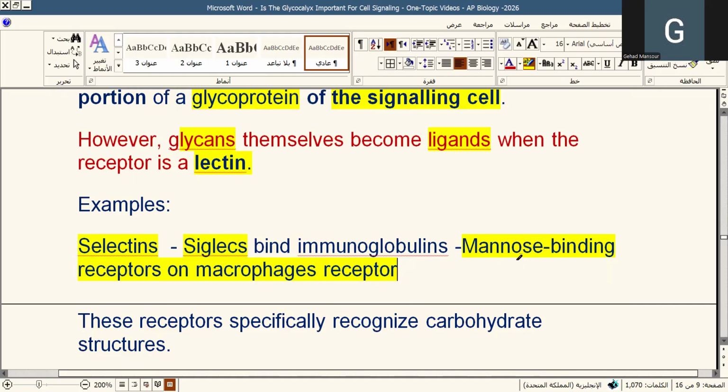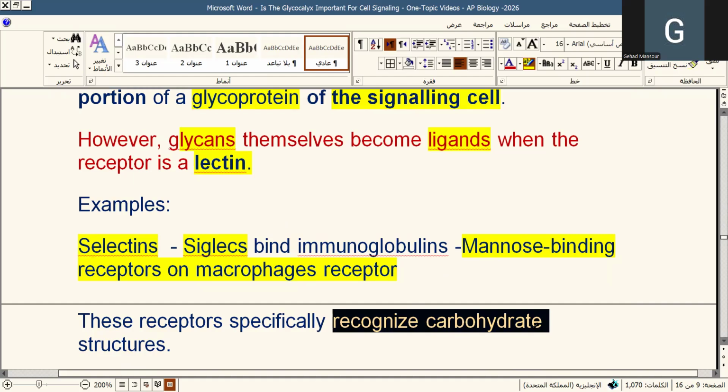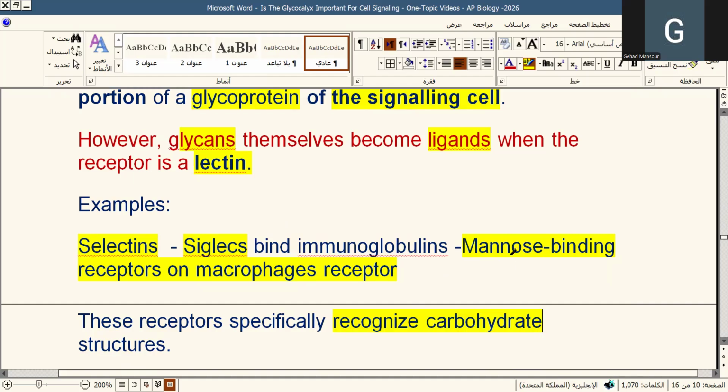So if the pathogen has mannose on its surface, it can bind with those specific lectins. So the receptors on top of the macrophage are lectins because they can recognize carbohydrates. What carbohydrate do they recognize? Mannose.